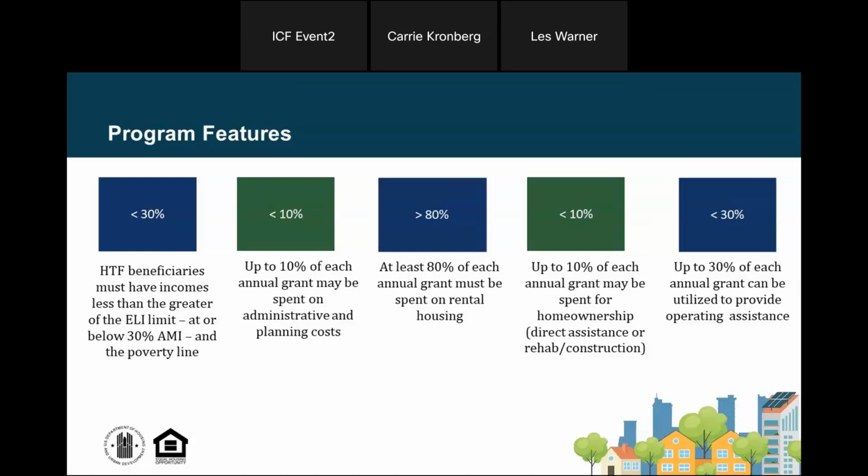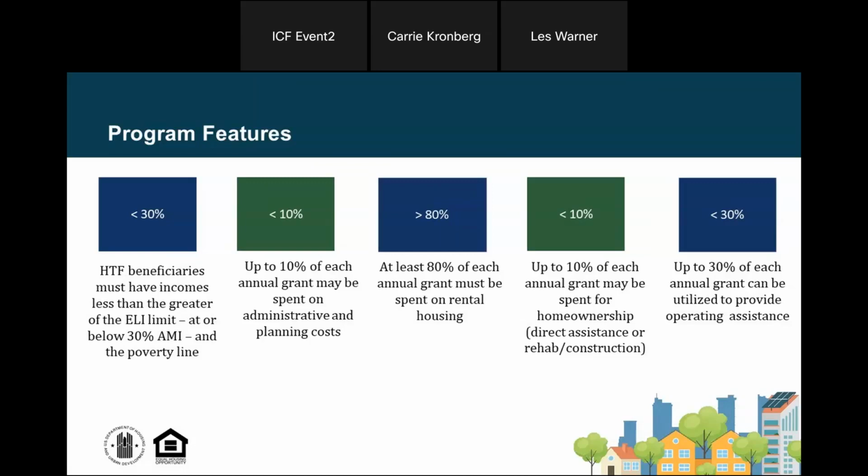But currently at this point, our housing trust fund levels have been less than that $1 billion mark. And so 100% of our housing trust fund grants must benefit extremely low income households. So that's our current income targeting on this.